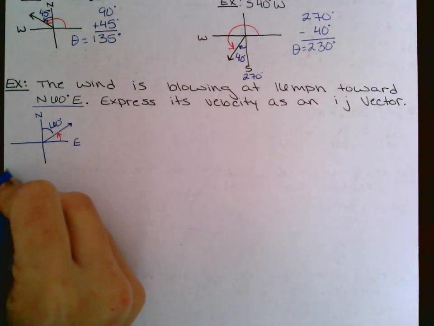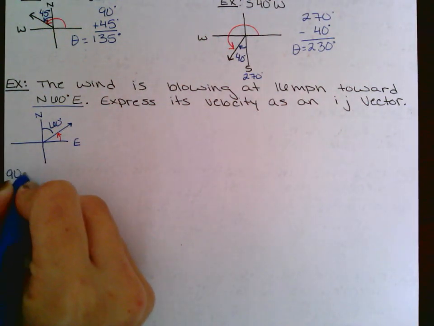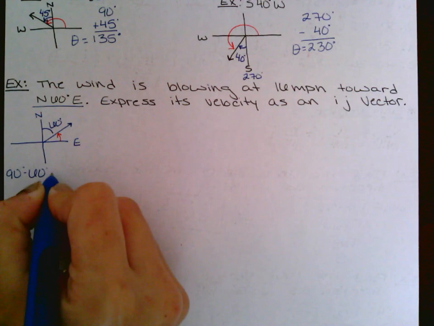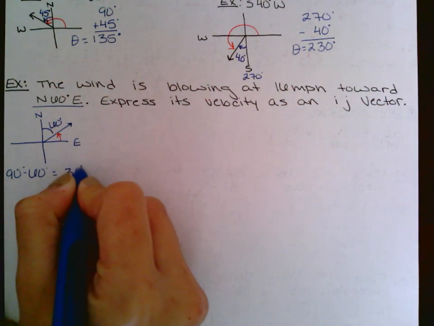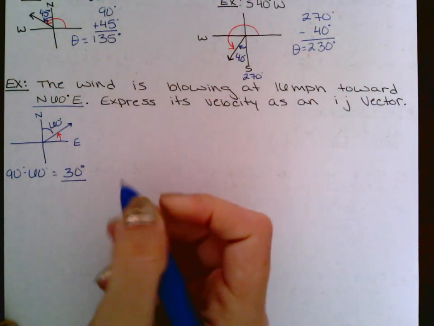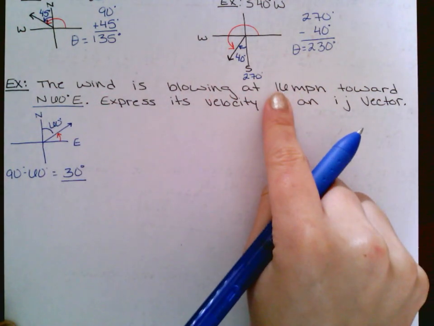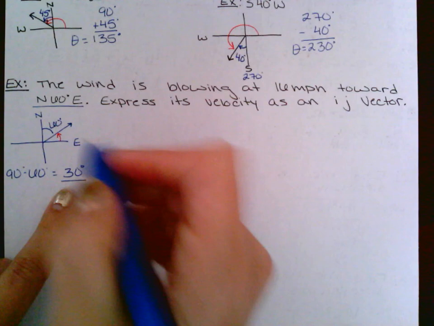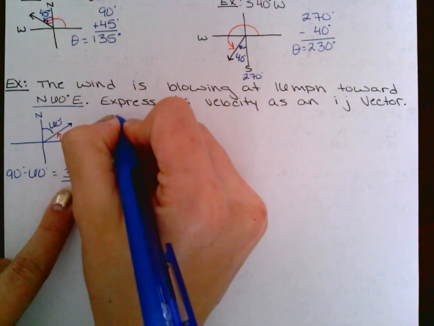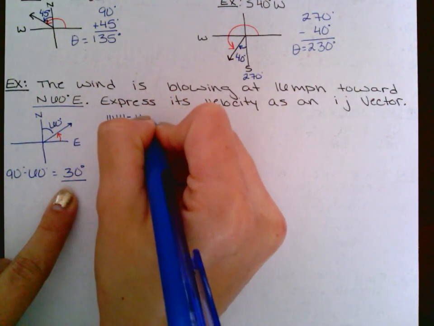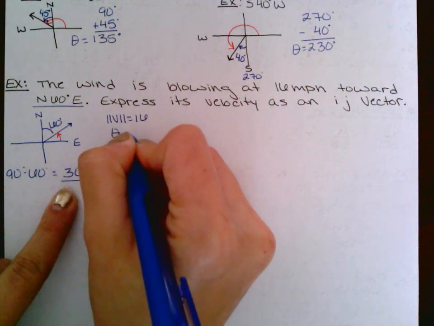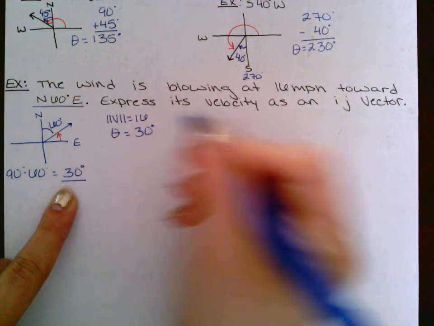So the first thing I have to do is say, 90 minus 60 is going to give me 30 degrees. This is going to be my theta. So I have my theta and I have my magnitude. Magnitude is 16. Let's write that down. Magnitude is 16, and theta is 30 degrees.